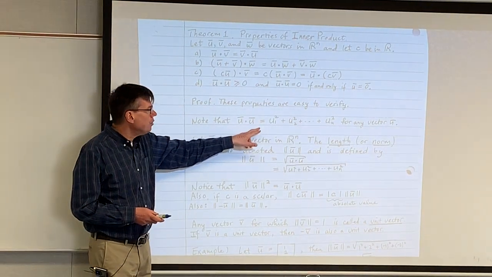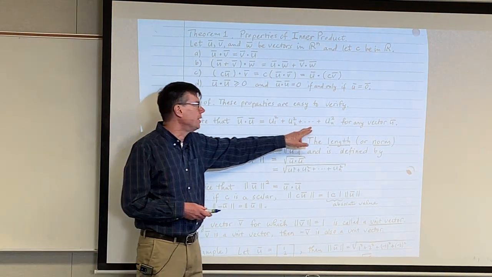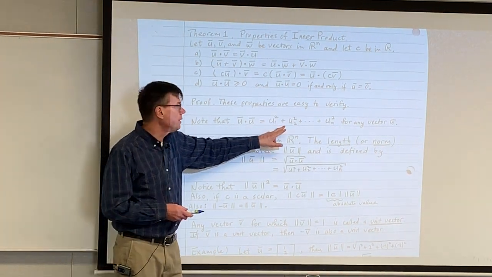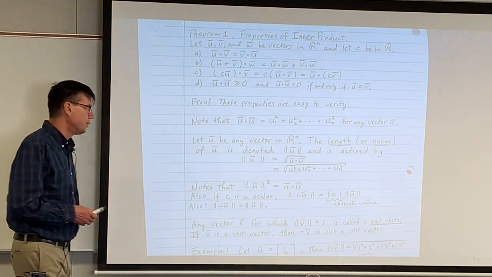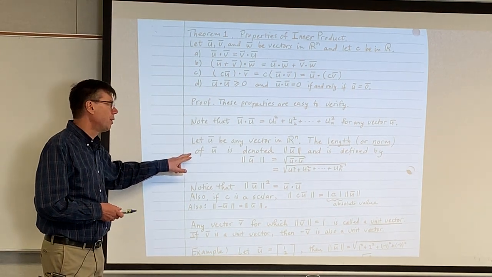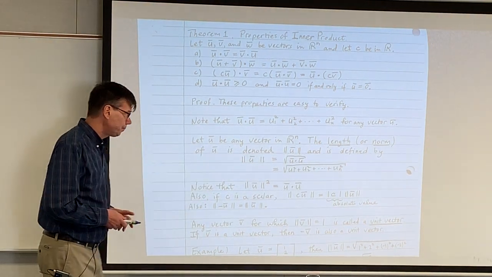Notice that U dot U is just the sum of the squares of the components. So you see that positivity really easy here. The only way the sum of the squares could come out to be 0 is if each component is actually equal to 0.